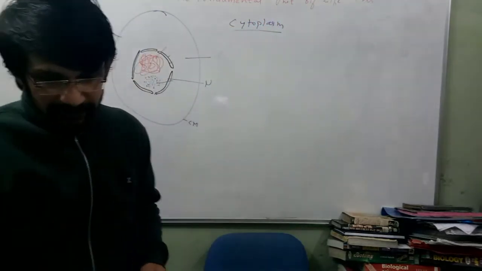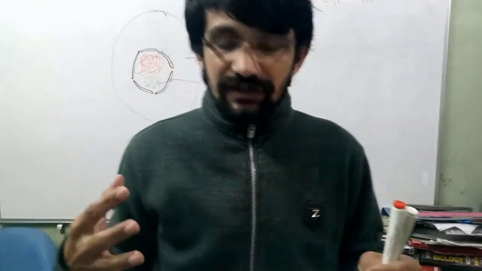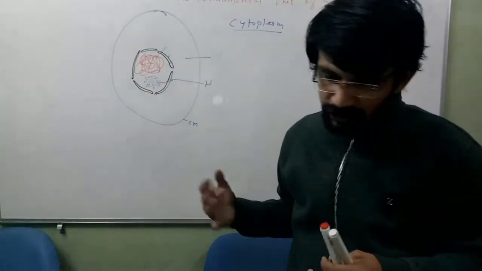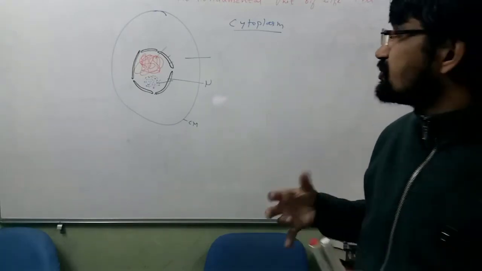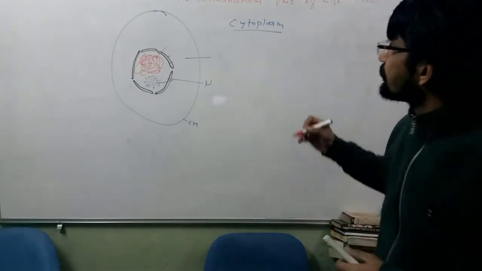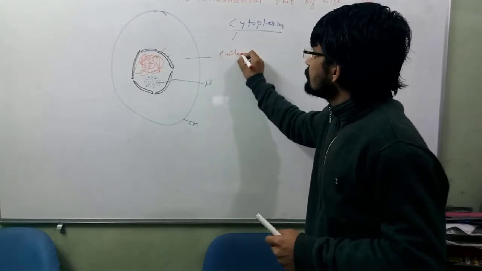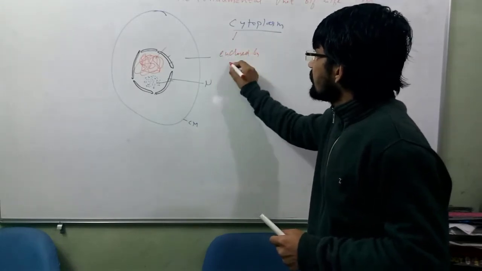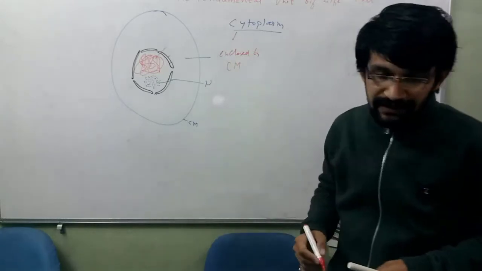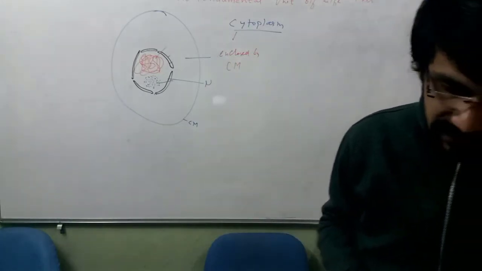Now the cytoplasm is enclosed by the cell membrane. The first point is that the cytoplasm is enclosed by CM, that is the cell membrane. The next very important thing is that it takes very little stain.